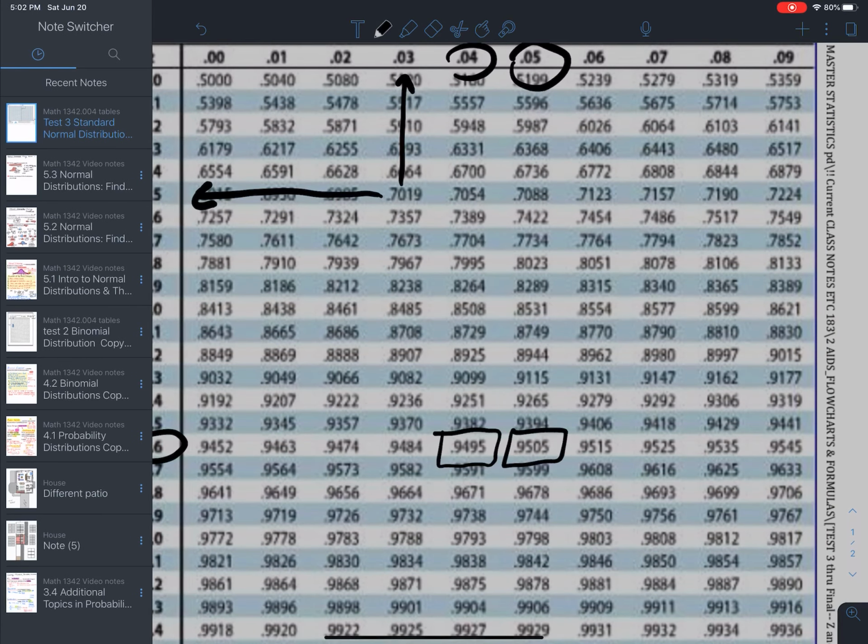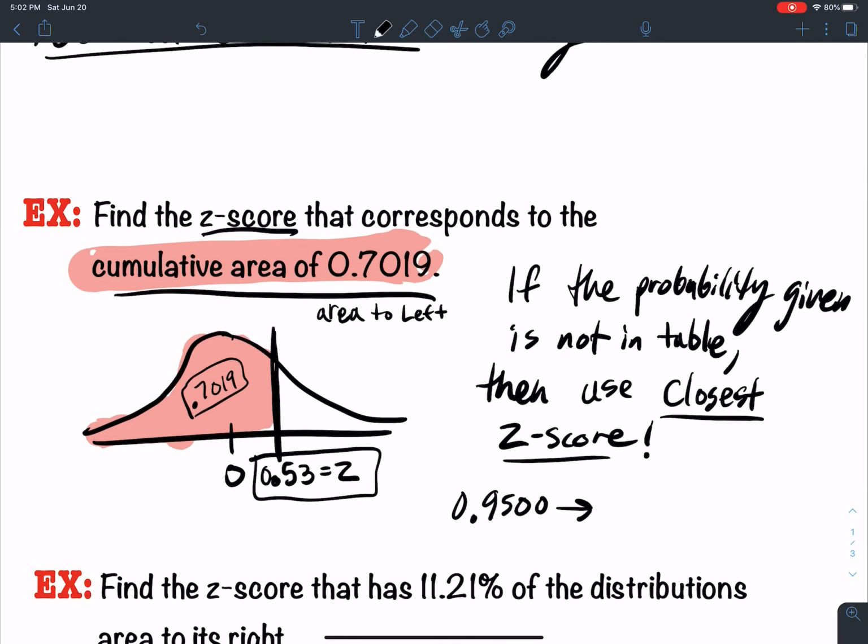So use the average. So this would be 1.645. Okay, that's the average of 1.64 and 1.65, right? So it's the halfway between mark. So halfway between, average your z-scores.